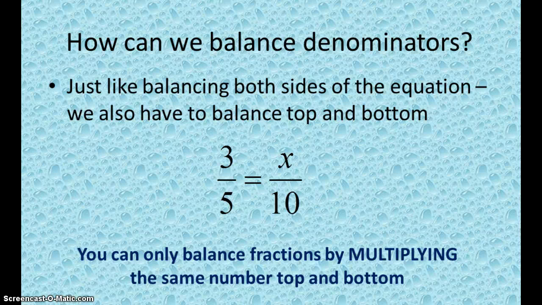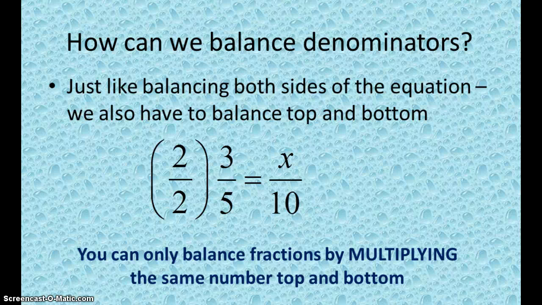We're going to multiply each fraction by the same number on the top and the bottom. So if I multiply the top and the bottom of this fraction by 2, now wait a minute, Mrs. Woolley, how can you do that? How can we just randomly decide to make 2? Well, all right, 2 times 5 gives me 10. That's what I'm trying to get. And think about this. What is 2 divided by 2? Well, that's just 1.